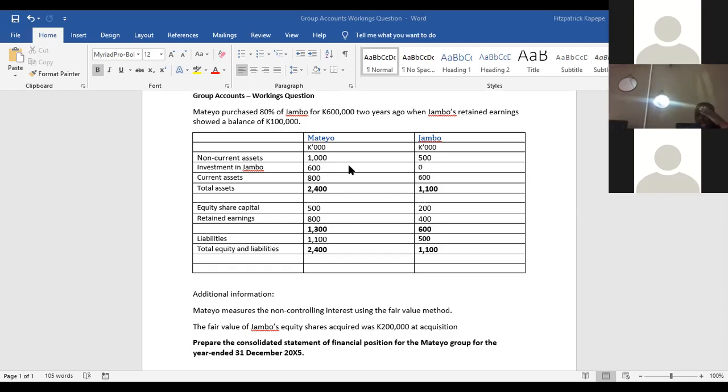So in this case, we have 600, which he paid. There's no proportionate here. Here you have been given a fair value, just like you were given a fair value from the other one. That time the fair value was under notes, which was 450. Here the fair value is 200.